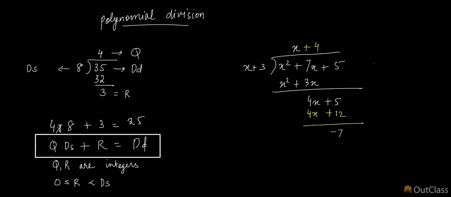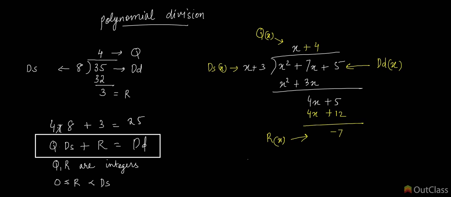Now this is the dividend polynomial. It is a function, I'll call it dd of x. This is your divisor polynomial. This is your quotient polynomial, and this is your remainder polynomial.